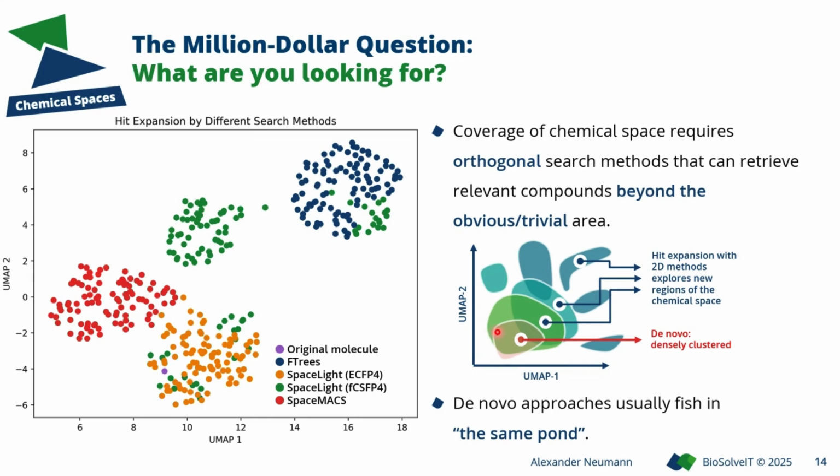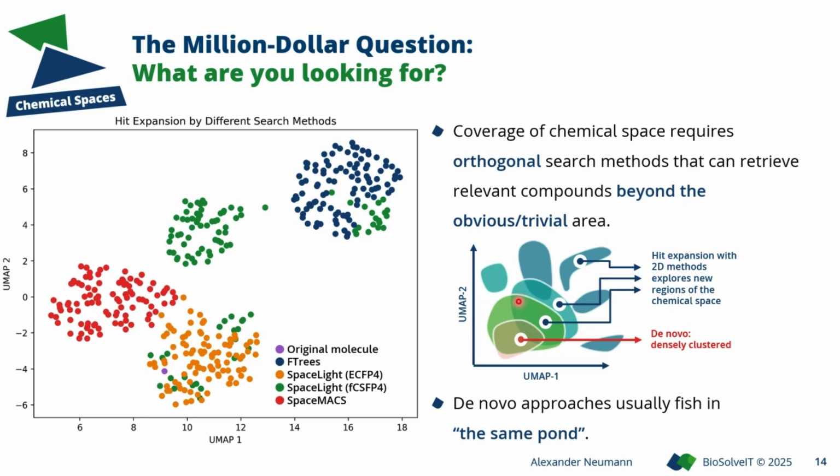What will happen, and this is what's displayed in quite a lot of publications, if you're working with de novo design, is that you're fishing in a very dense area around your target structures. If you would like to retrieve similar compounds, though, you need to use different methods to expand your hits, right?